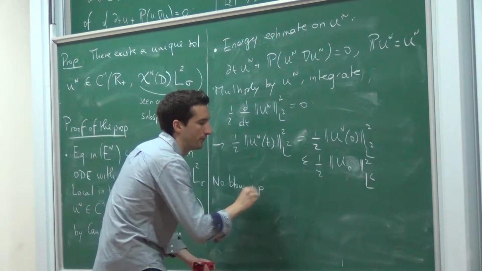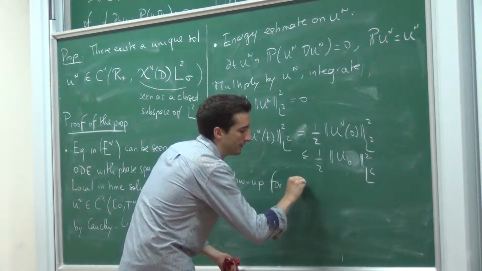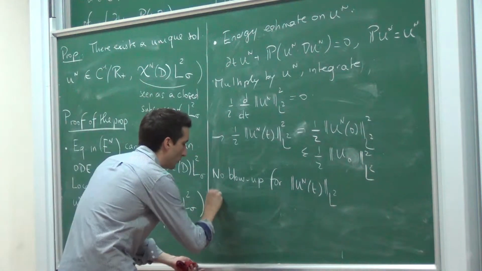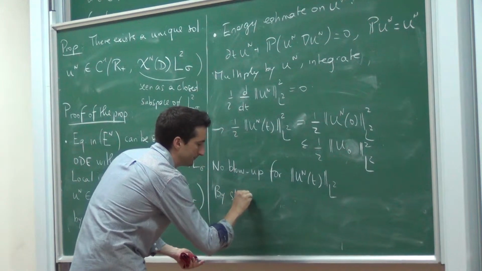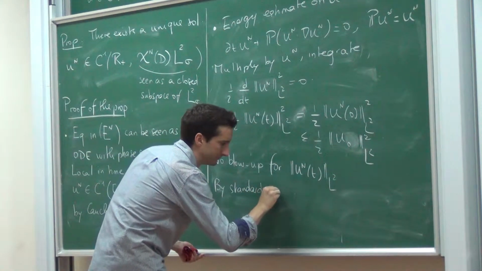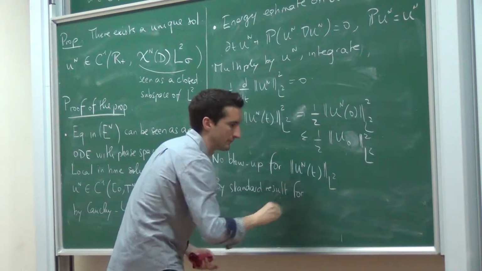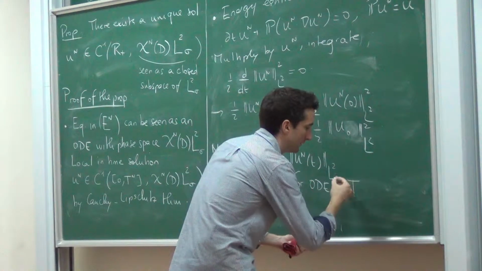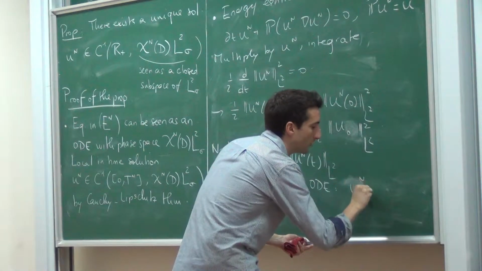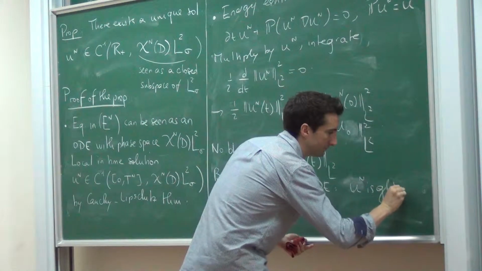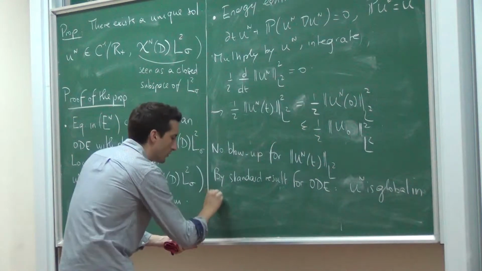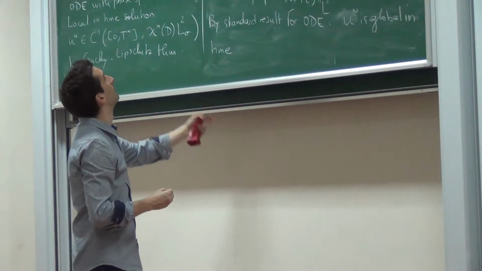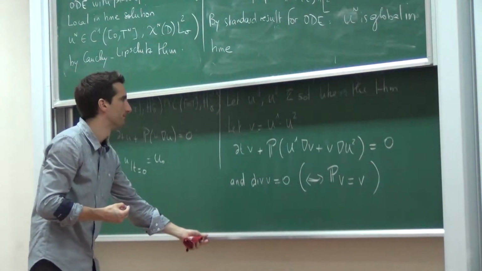So there is no blow up for this L2 norm. So by standard results for ODEs, UN is global in time. So I have local in time by Cauchy-Lipschitz, but with this additional information, I have global in time. Okay.